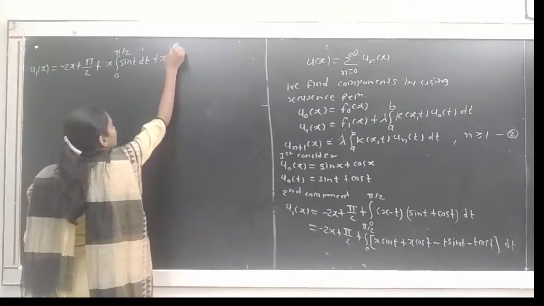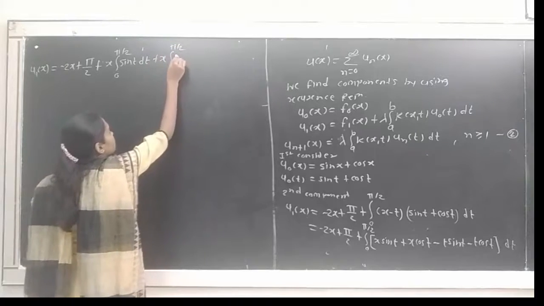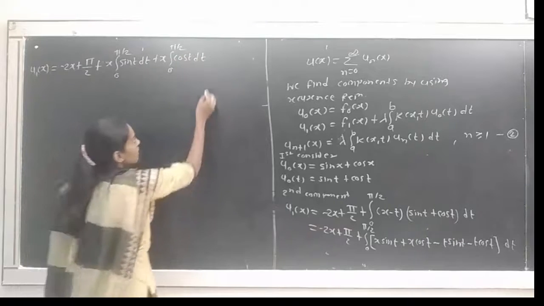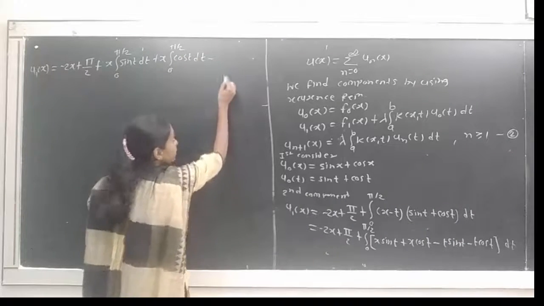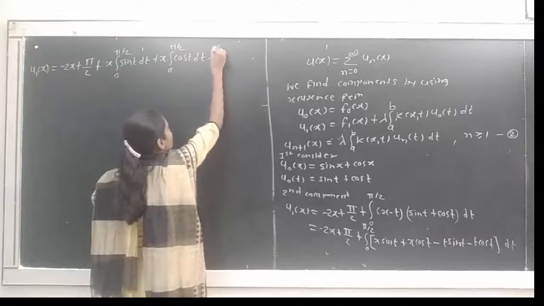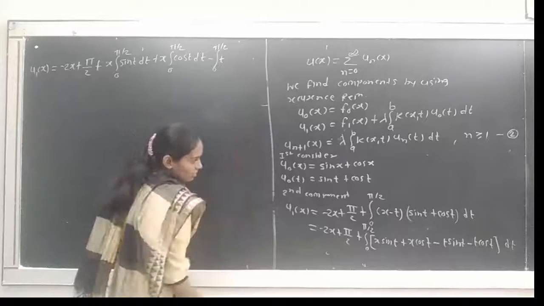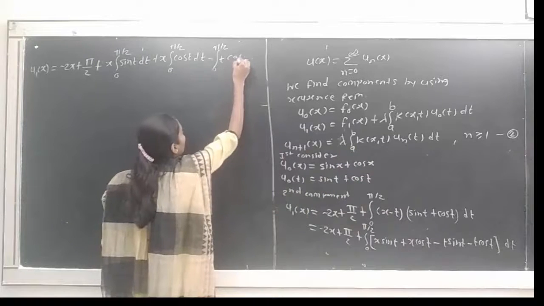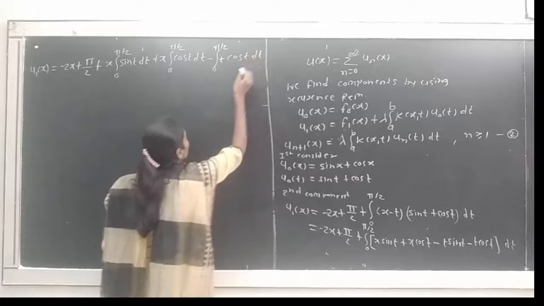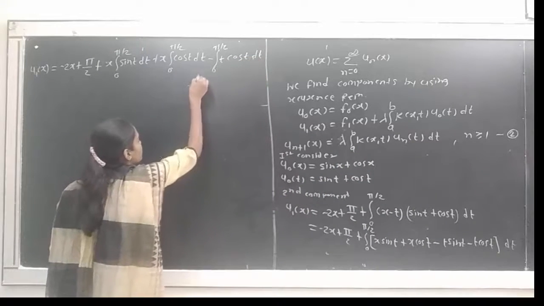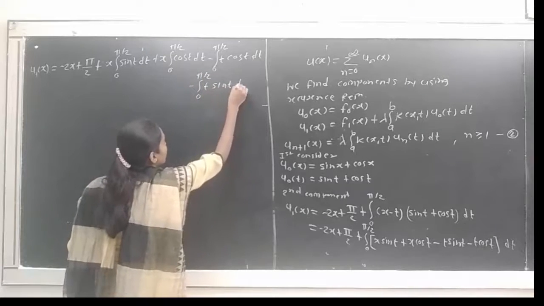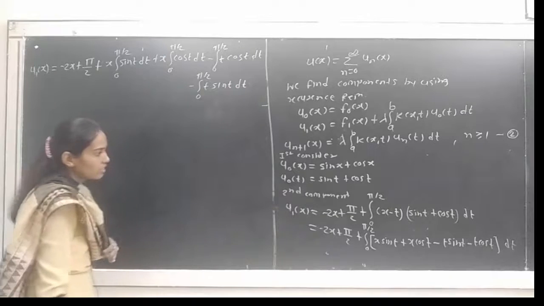plus again x constant we take outside, integration from 0 to pi by 2 cos t dt, then minus integration from 0 to pi by 2 t into sin t, and the last one is minus integration from 0 to pi by 2 t into cos t dt.